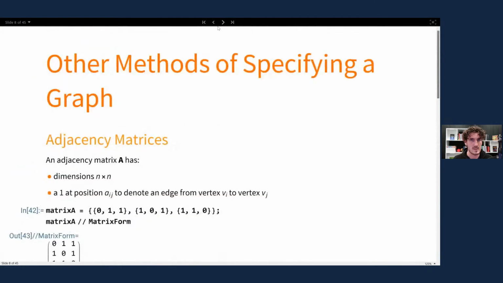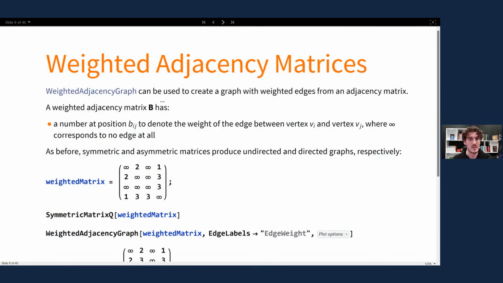So there are adjacency matrices. Now we'll go on to weighted adjacency matrices. Here, we don't have ones and zeros; we have weights. Whenever you have weights, instead of 0 representing a non-connection, you replace it with infinity.